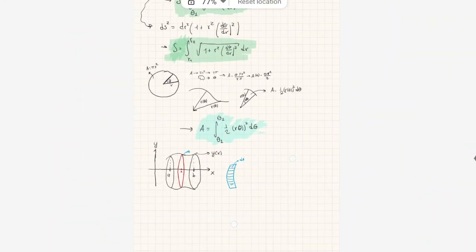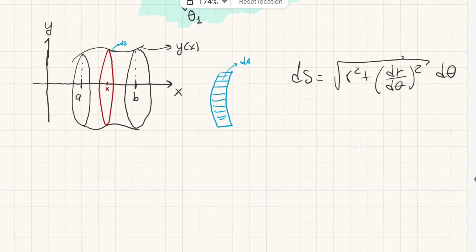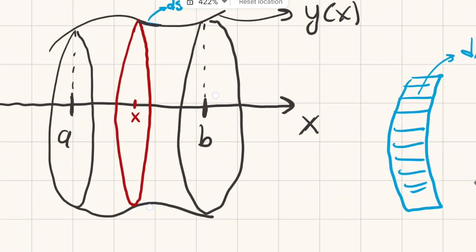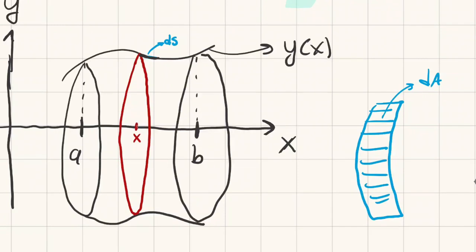So that is what we are going to use again. ds is equal to the square root of r squared plus the derivative of r with respect to theta squared, d theta. And we can calculate the perimeter of this circle by saying that, well, we know that the formula of the perimeter is equal to 2 pi times the radius, right?